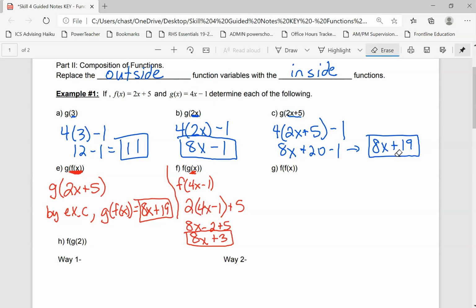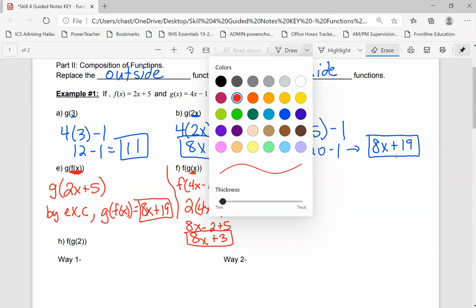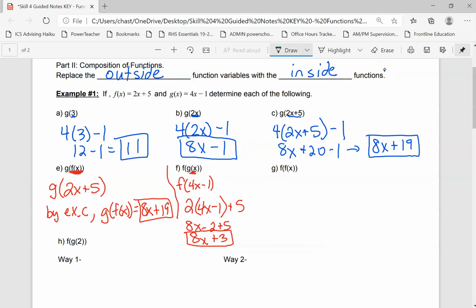Now, for f of f of x, this one's probably the weirdest because the notation is different still. We know f of x is our inside, so we take this 2x plus 5 and replace the variables of f of x. It's like putting this function inside of itself, like nesting dolls.